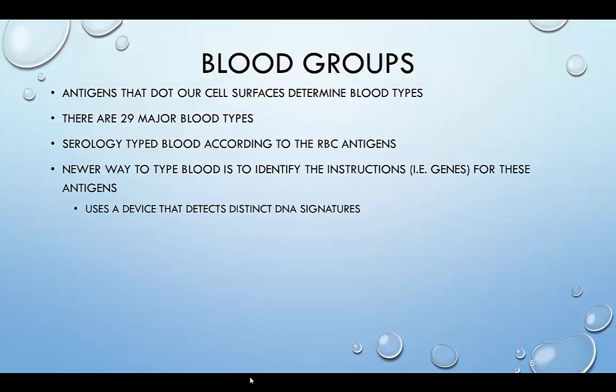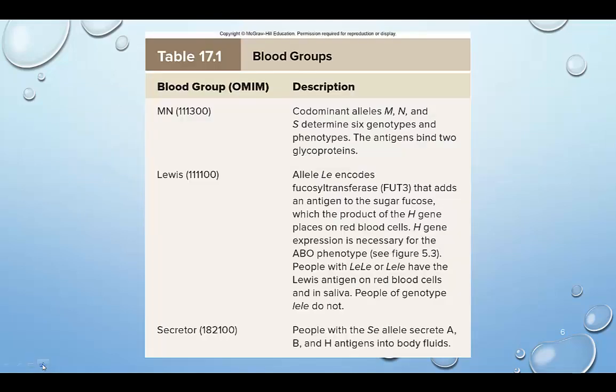There are newer ways being developed to identify the instructions, or the genes, for these antigens, looking at distinct specific DNA signatures when we go to type blood. So you can see in the future we may be looking at a different way in which we type blood to get more specific, maybe limit some of the reactions and some of the long-term side effects that can happen.